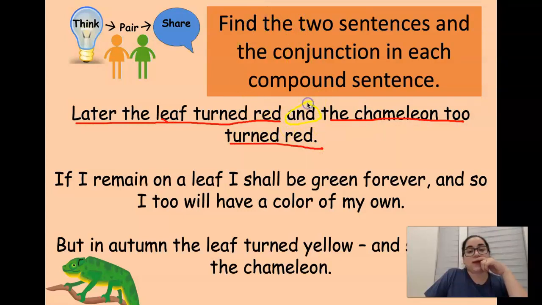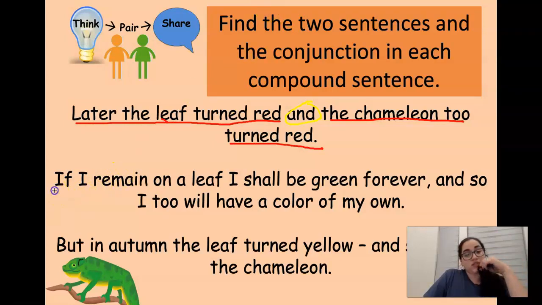Yes, and is a conjunction. Now I'm going to give you 30 seconds to look at the next one, where it says, if I remain on a leaf, I shall be green forever, and so I too will have a color of my own. Which one is the conjunction, and which ones are the two sentences?